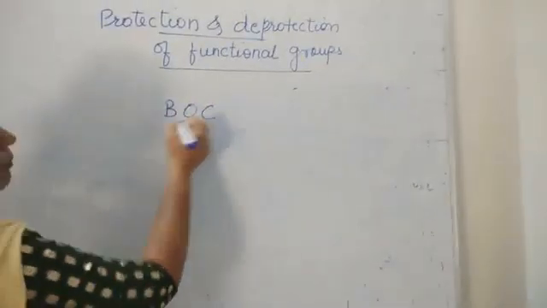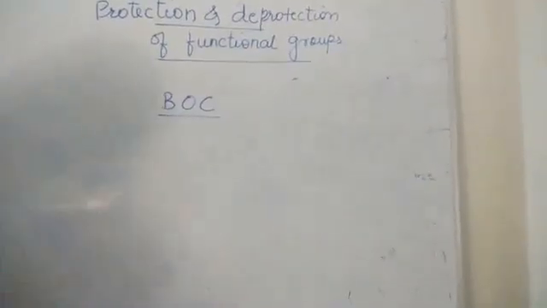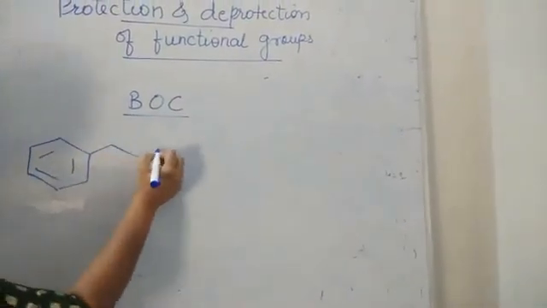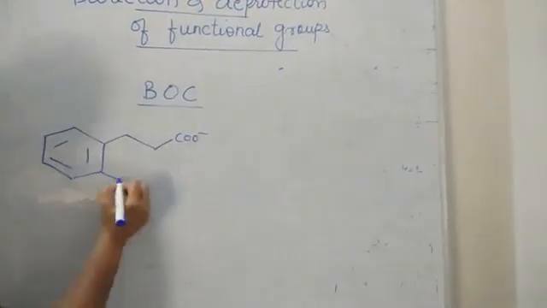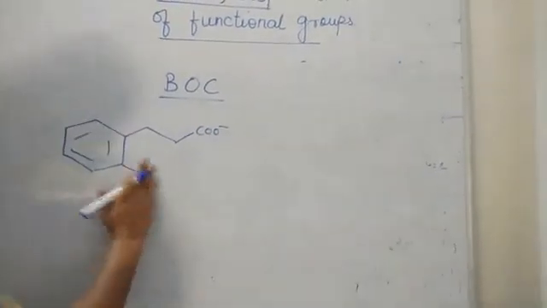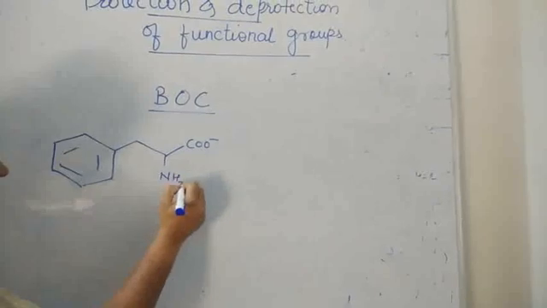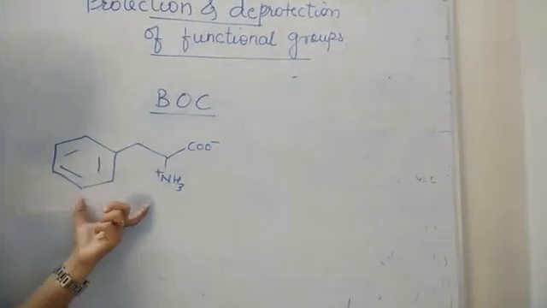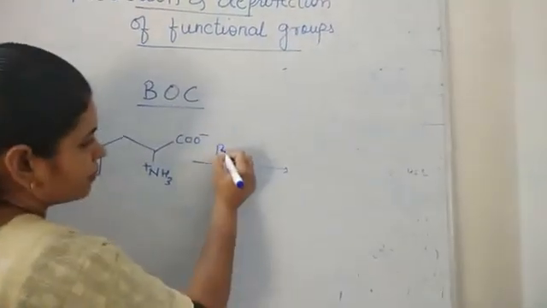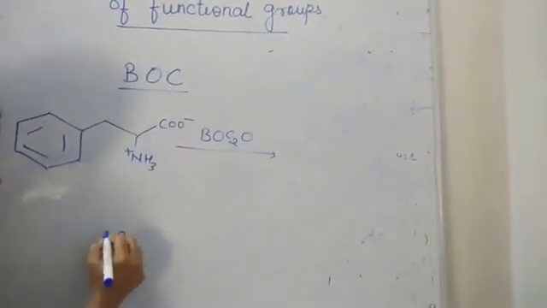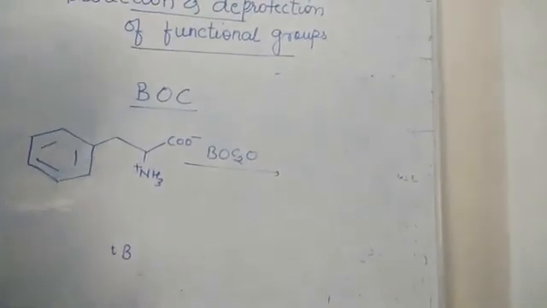Now we will take one example for protection of amines by using this BOC. This compound is a difunctional compound. Here the amino group is here, or we can attach it here. Okay, so this type of compound can be protected by using this reagent Boc2O. Now, what is this Boc2O? We know that this is a tertiary butyl group.